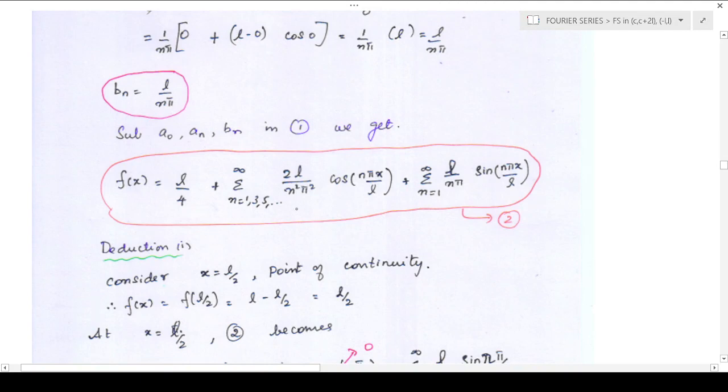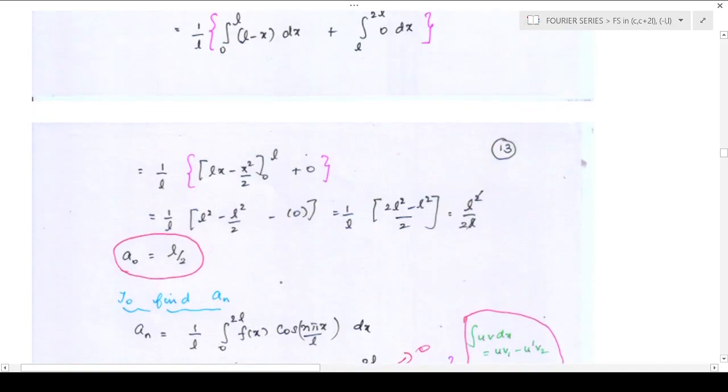This should become 0. So when will it be 0? Cos n pi by 2 is 0 when n is odd. So it is possible when it is cos n pi by 2, x should be L by 2. So x equal to L by 2 is a point of continuity. So f of x converges to f of L by 2.